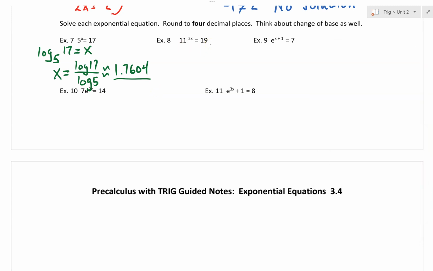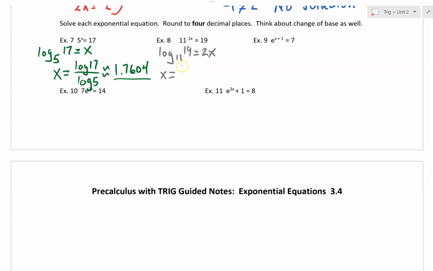So we have 11 to the 2x is equal to 19. Obviously, we can't get to the same type of base given those two numbers. So we're going to do the same thing. We start with a log because this is an exponential. The base has to stay the same. Its left to right is equal to the middle. Now, obviously, this one has an extra step you have to take. So we have to divide out the 2.